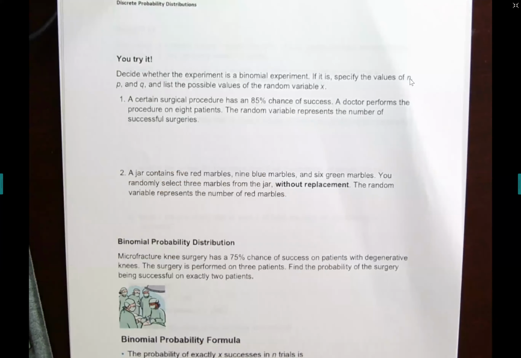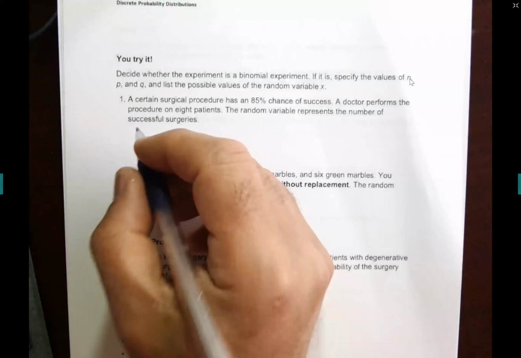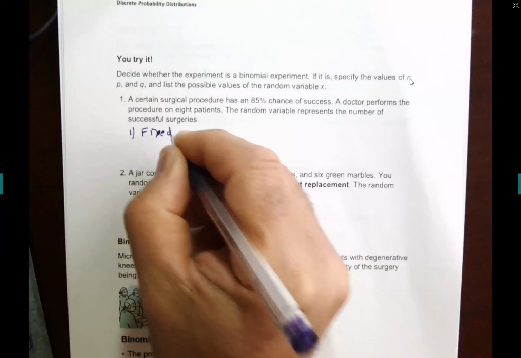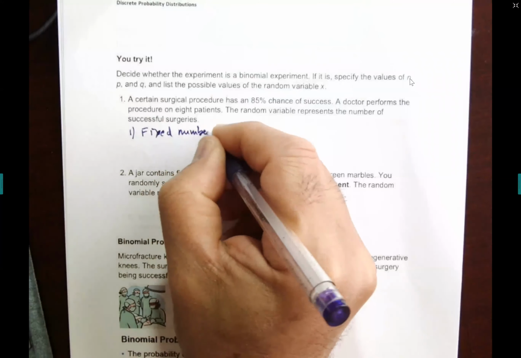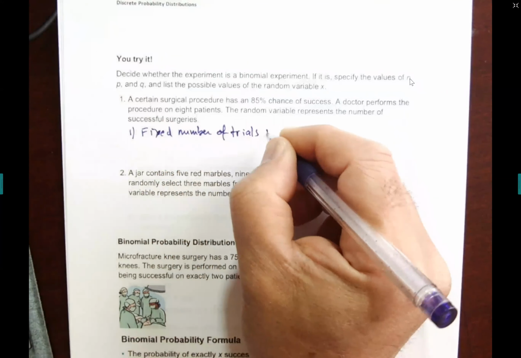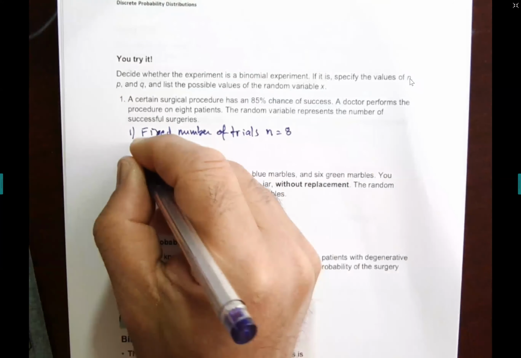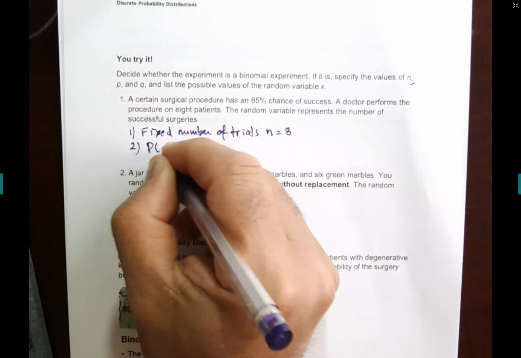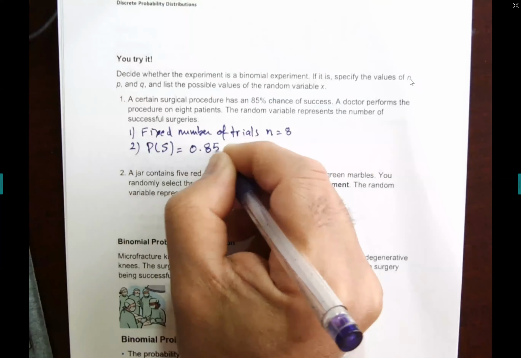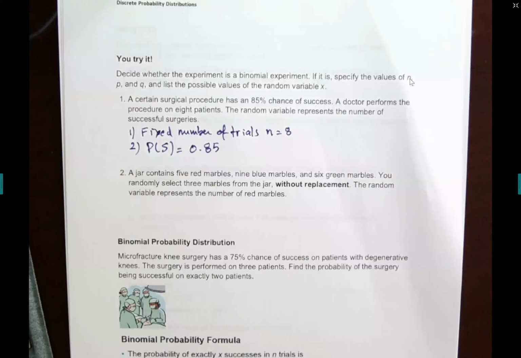Are we doing it a fixed number of times? The answer is yes. Okay, fixed number of trials. And I'll write the number. It's 8 because he's doing the surgery on 8 patients. 2, what is the probability of success, guys, of the surgery? They said it's 85%. So that is 0.85.